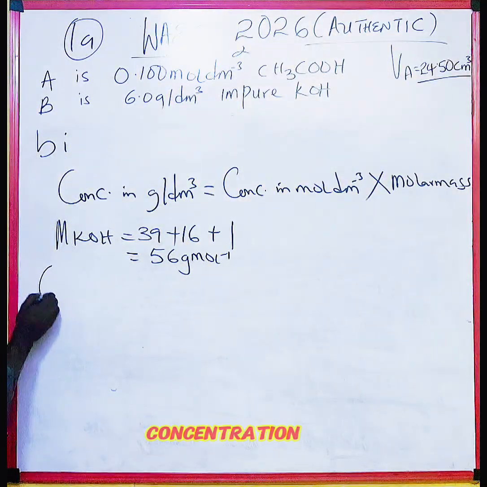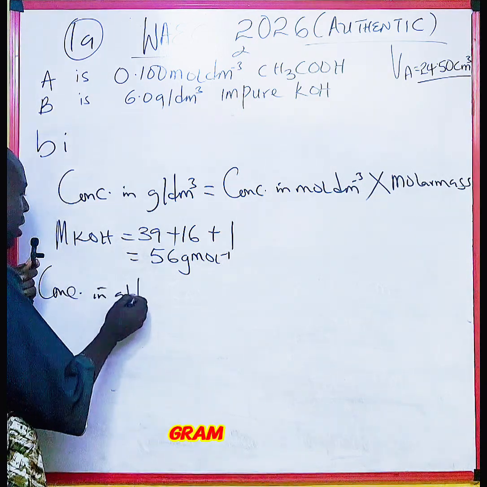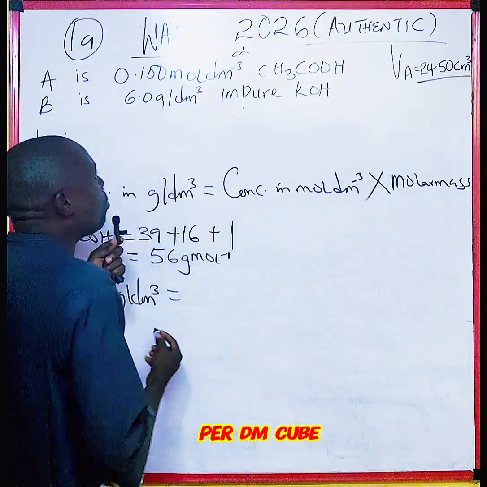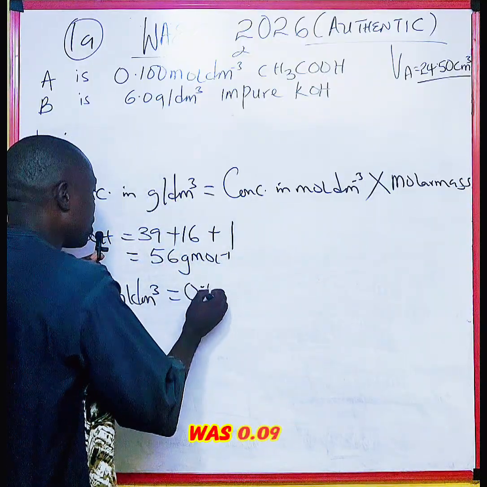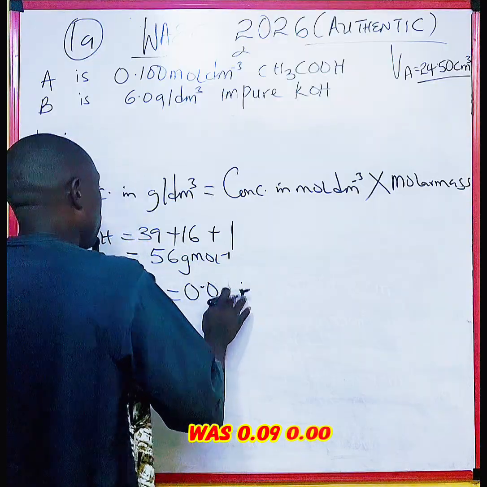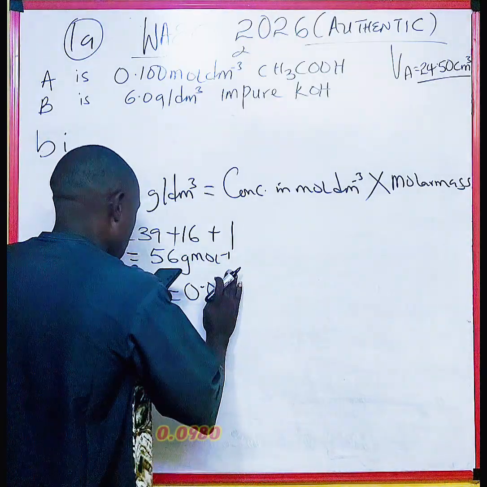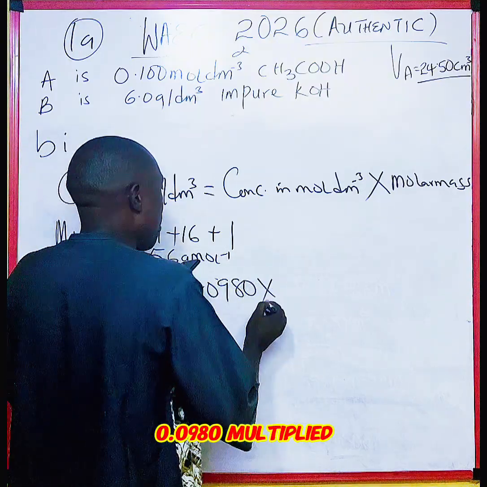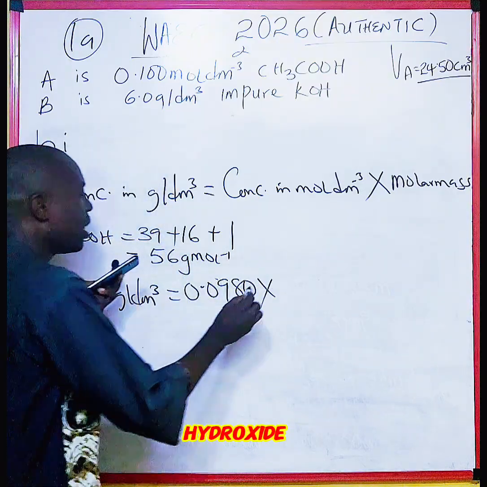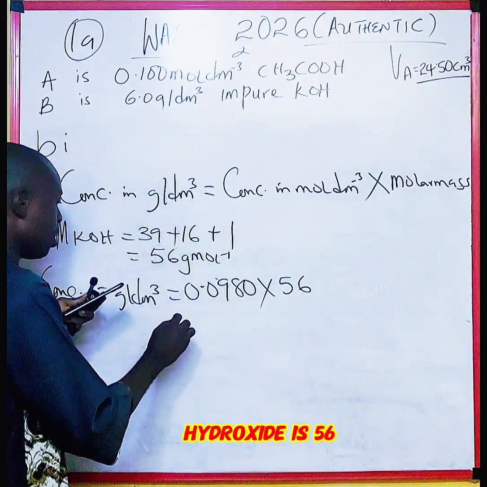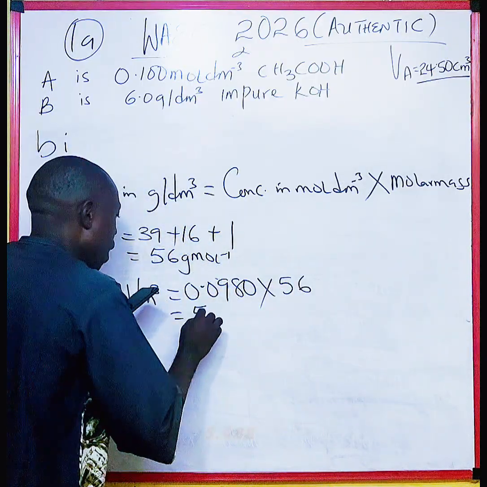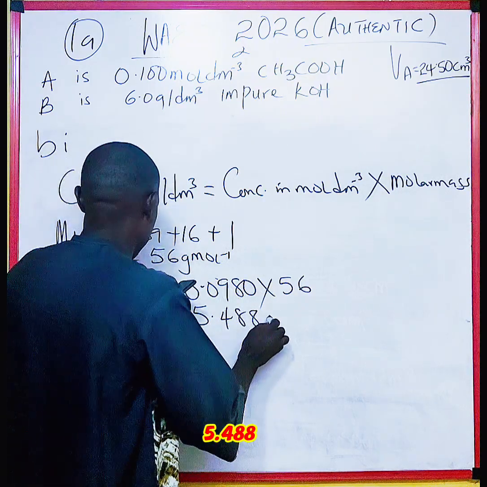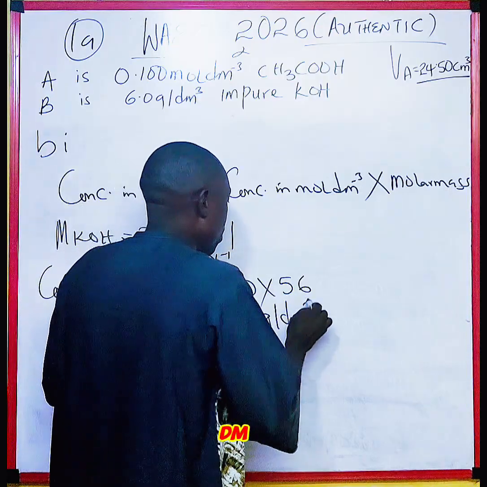So the concentration in gram per dm cube is equal to 0.0980 multiplied by 56, which equals 5.488 gram per dm cube.